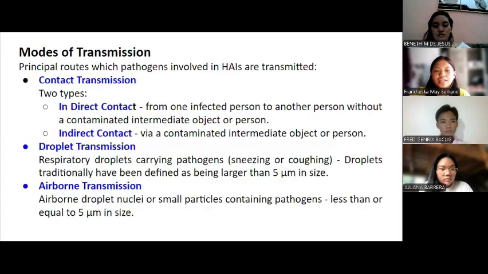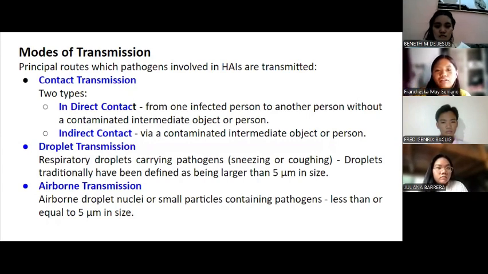So these are the types or modes of transmission. We have 3 types: contact transmission, droplet transmission, and airborne transmission. For contact transmission, there are 2 types, which is direct and indirect. For direct, ito yung type of transmission na kailangan diretso.